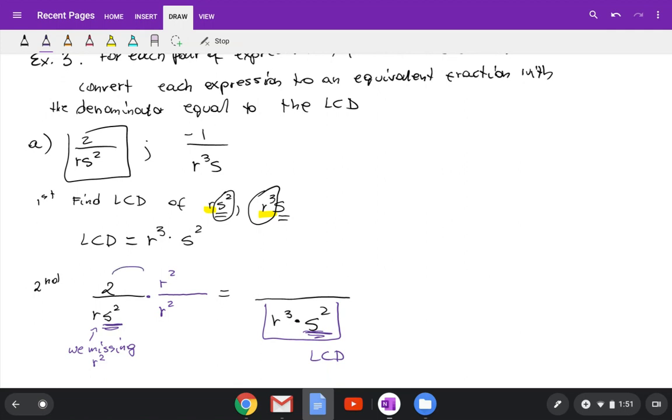Okay, so then look how that works. Now we just multiply numerators together, so 2 times R to a second power. And when you multiply your original denominator by the factor which was missing, you will end up with the denominator which is your LCD. R times R squared will give you that R to the third power. S squared, it's already there.